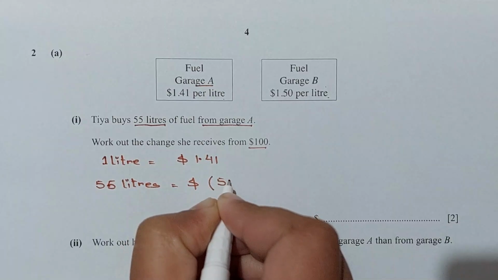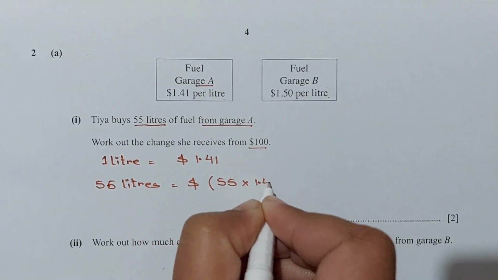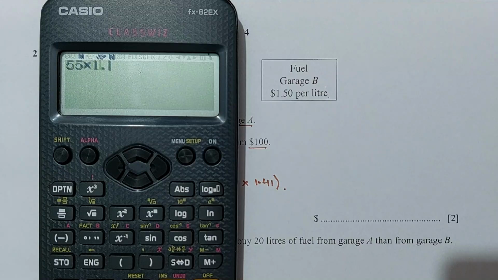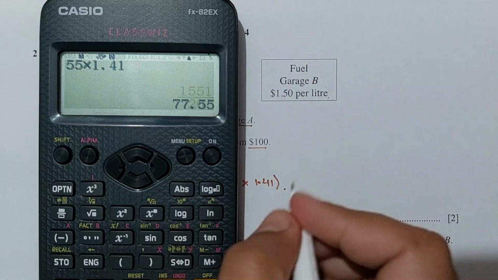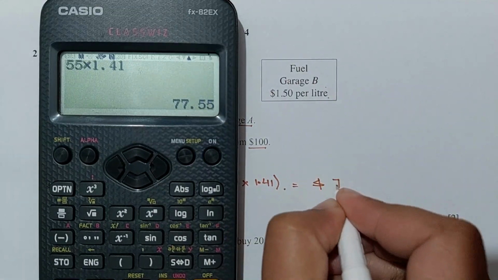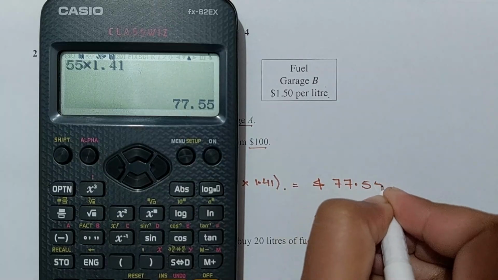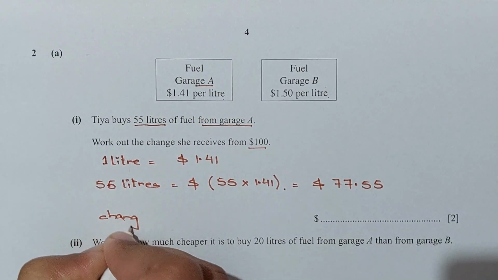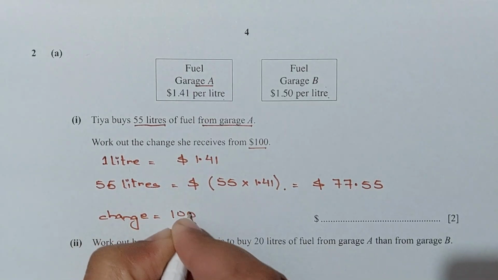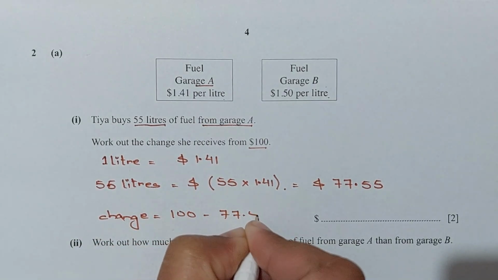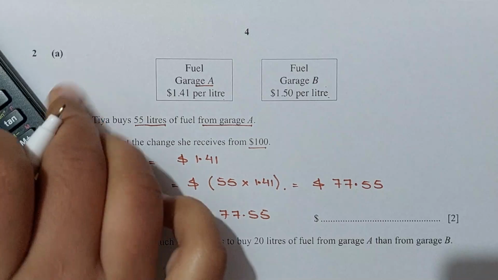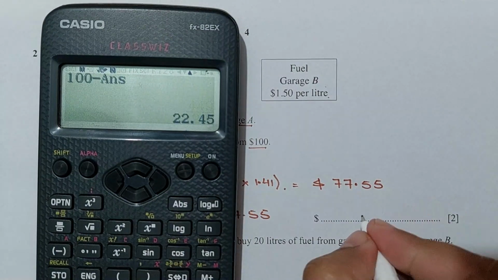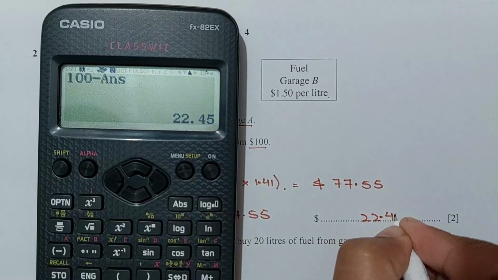We have to do 55 times 1.41, which is $77.55. Now the change she receives is from 100 subtract 77.55. I will get the change, sorry, 100 take away answer. The change is $22.45.